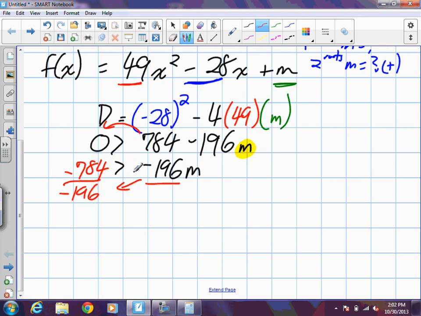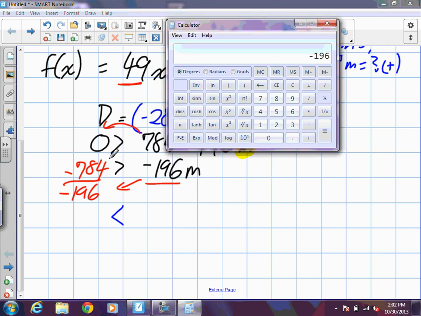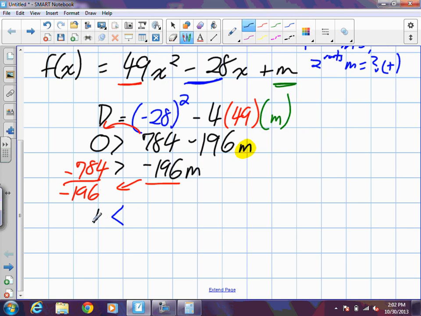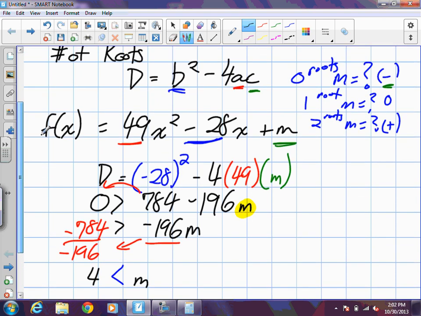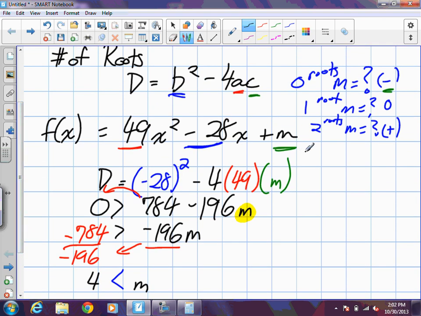So it's now going to face the other way. We get negative 784, or 784, divided by negative 196. Because they're both negative, I know I'll get a positive answer. So what this says is m needs to be greater than 4. So any value greater than 4 will give us a positive value.